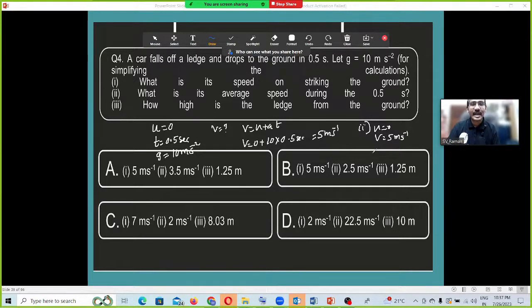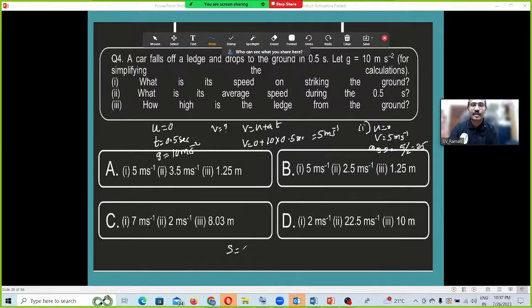So what is the average speed? Average speed is equal to (u plus v) by 2, which means (0 plus 5) by 2, which is 2.5 meters per second. Obviously we can choose option B, but still we can learn how high the ledge is from the ground, which means the height value.